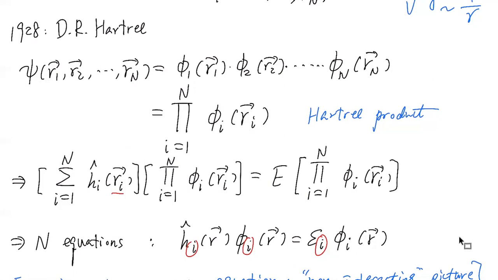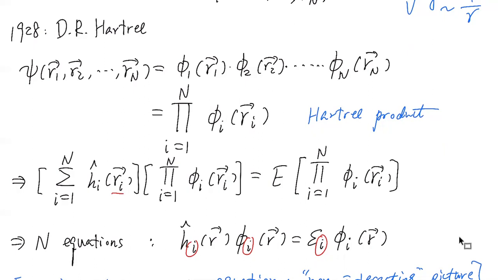Each term is actually a permutation of the index of the electron. This is because electrons are identical particles. They are not distinguishable in quantum mechanics, and therefore you should permute the index in your Hartree product, and you should add all of these permutations together.